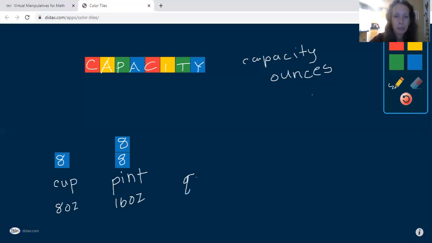It's a hard pen to use. Q-U-A-R-T. Okay. A quart is 32 ounces.